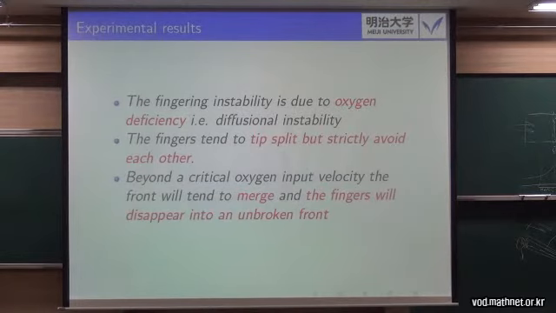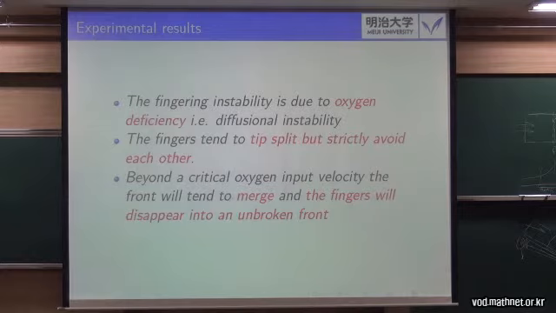In the first case, they said that this type of fingering instability is due to oxygen deficiency. That is, if we deprive the combustion of the flow of oxygen, the combustion process will start developing this kind of diffusional instability due to less and less oxygen in the system.